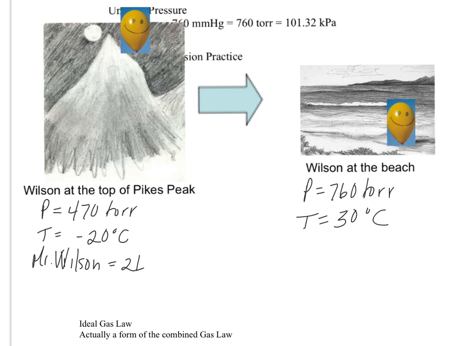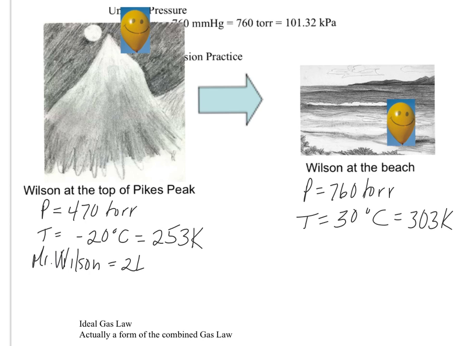Now, a couple of things. Remember, your temperature has to be in Kelvin, so negative 20 degrees Celsius is going to equal 253 Kelvin, because Kelvin equals Celsius plus 273. And 30 degrees plus 273 is going to be 303 Kelvin.